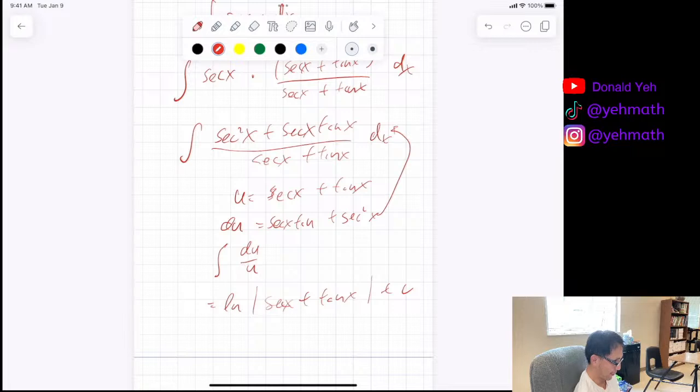It was solved in 1668 by James Gregory. Oh, he actually did it differently. He did the natural log of tan of something over 2 plus pi over 4. And he proved it with a geometric way. That's great.